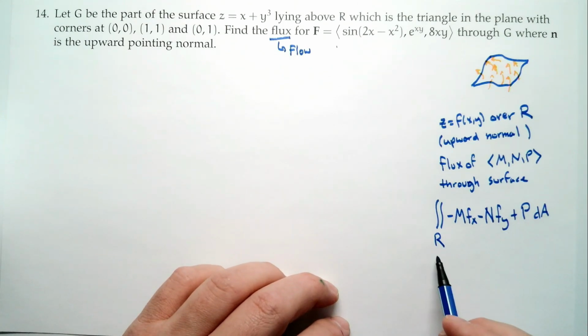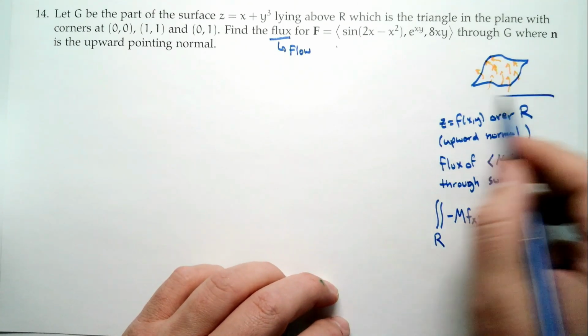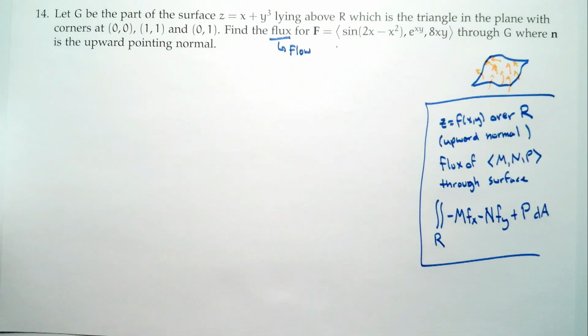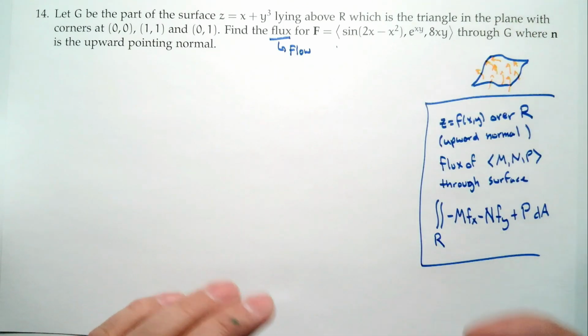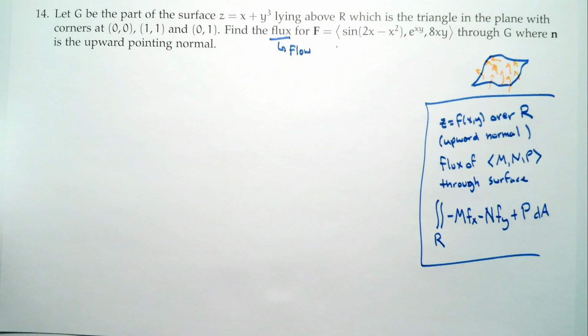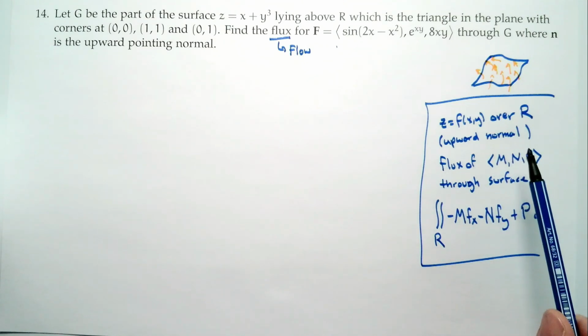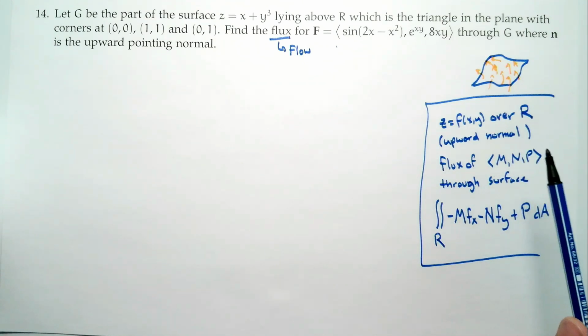It's the same idea as before: instead of working on the surface, we're saying, boom, push down into your region R. The thing that makes it nice is we got rid of the square root. And inherently, the reason why we got rid of the square root is because of our normals. The normals actually have something that looks like the same expression, and the two square roots cancel much like they did before.